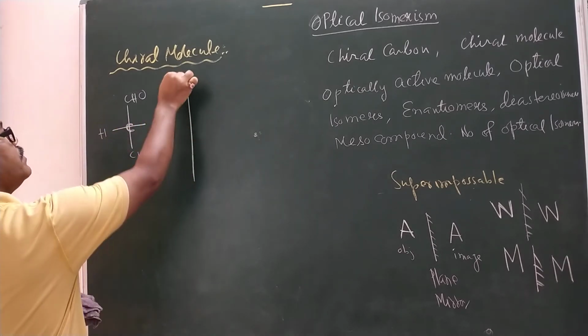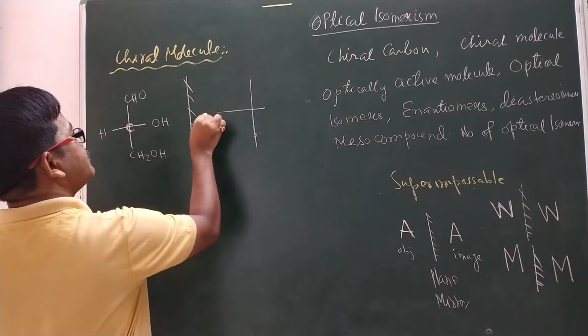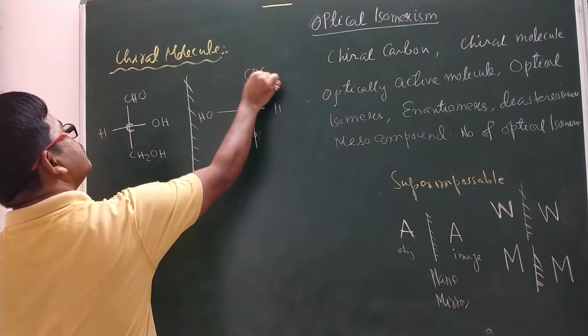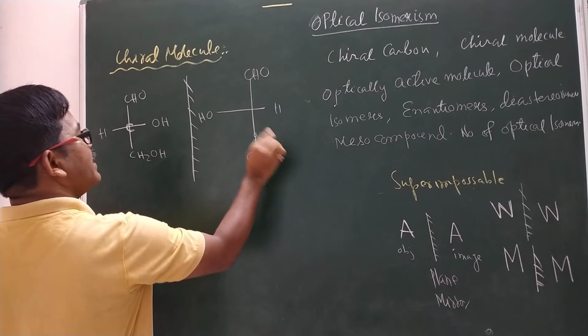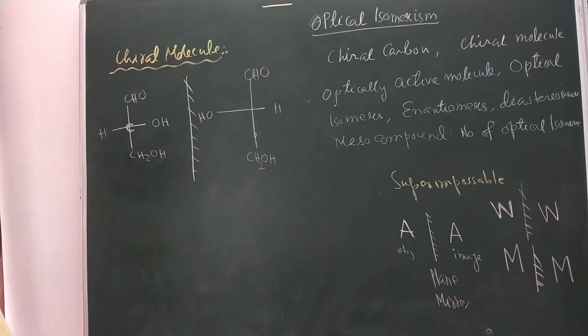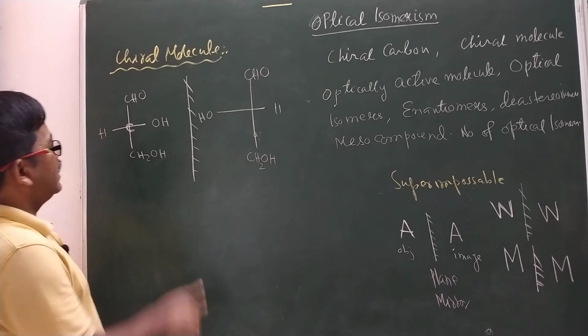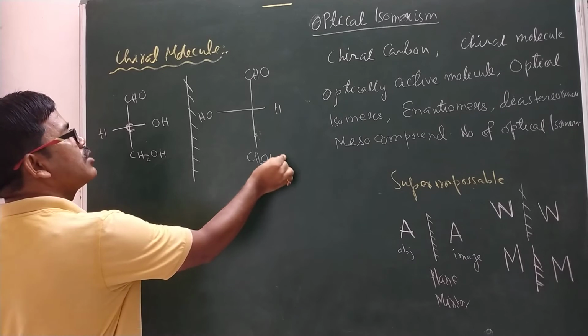If I place a mirror here, the image will be like this. This is an electron cloud, with CH2OH and CH2OH.